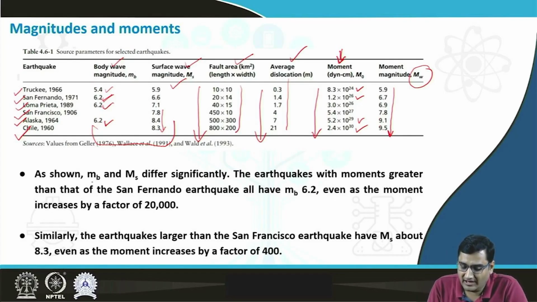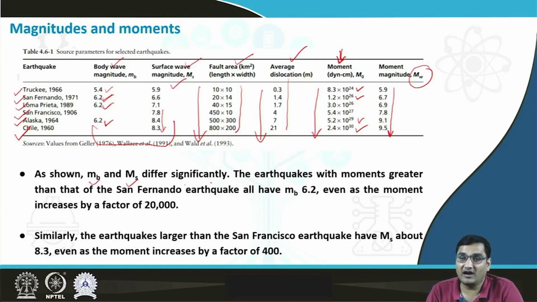So this is what is written here. As shown, MB and MS differ significantly. The earthquakes with moments greater than that of the San Fernando earthquake all have body wave magnitude 6.2, even as the moment increases by a factor of 20,000.